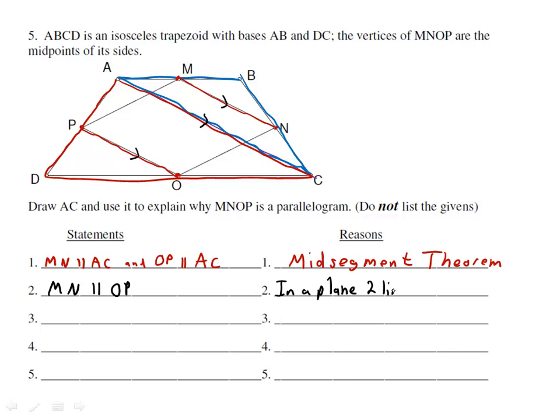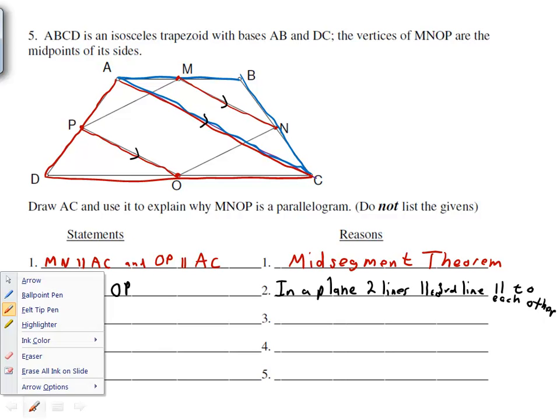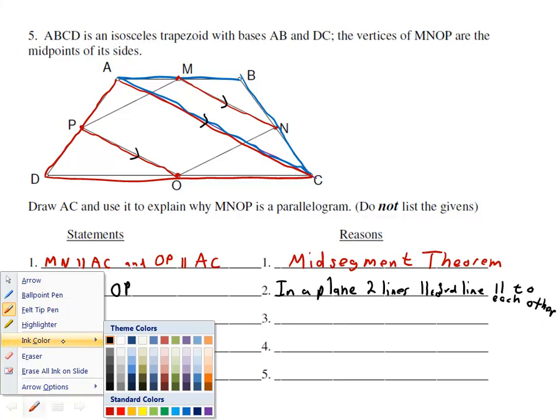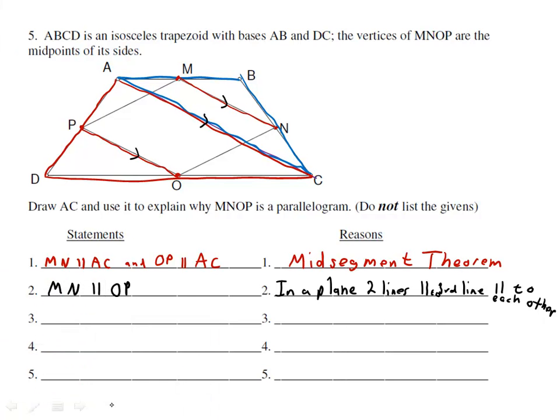Two lines parallel to a third line are parallel to each other. Sorry about the shorthand. Alright.